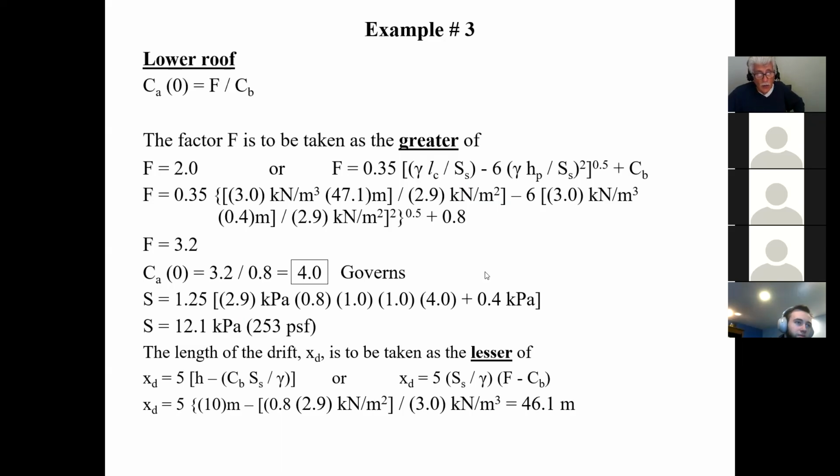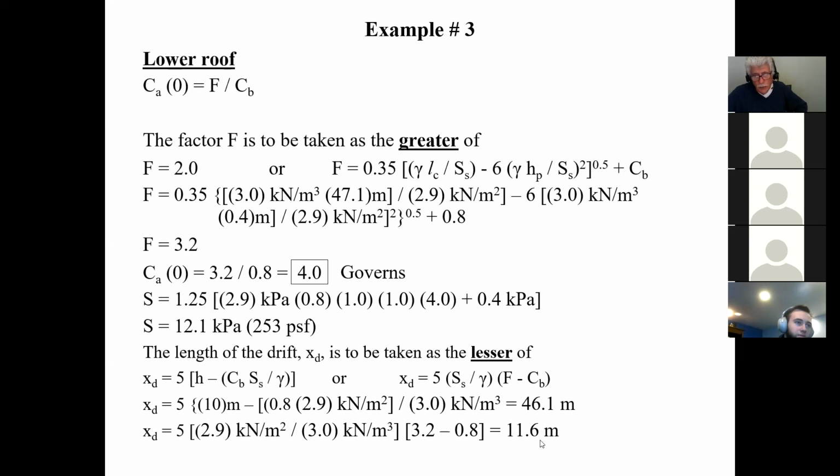Or XD is equal to this one here, where you take the ground snow load divided by the unit weight of snow. And that's where the F factor becomes important again, because you're using it again in this equation. Make a mistake there, you repeat the mistake here. And of course here they want you to subtract the snow load factor of the lower roof, always, okay?